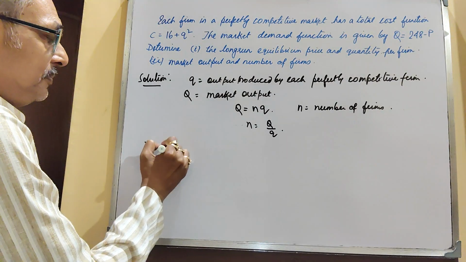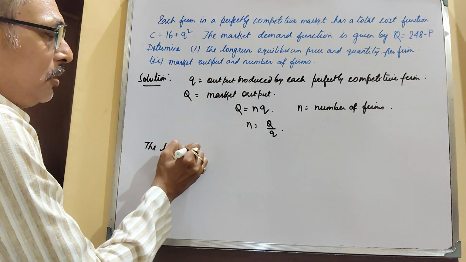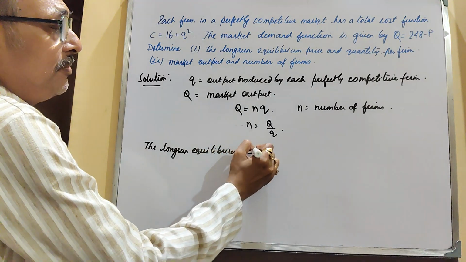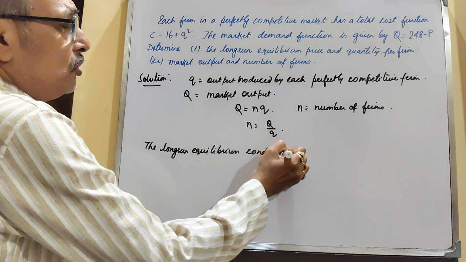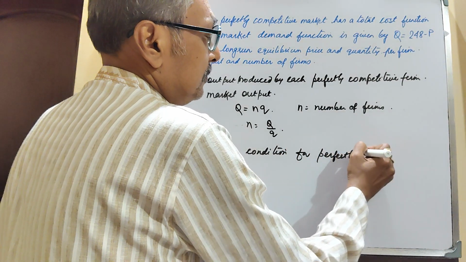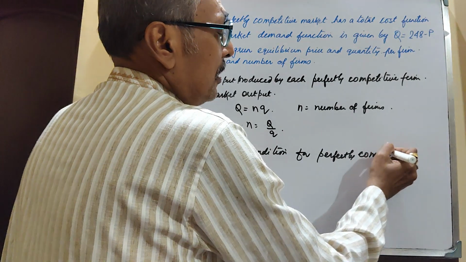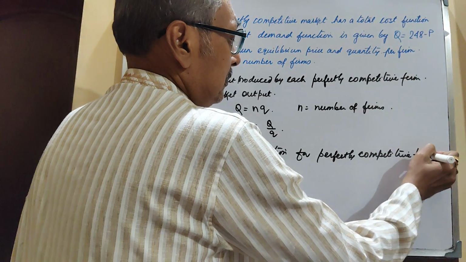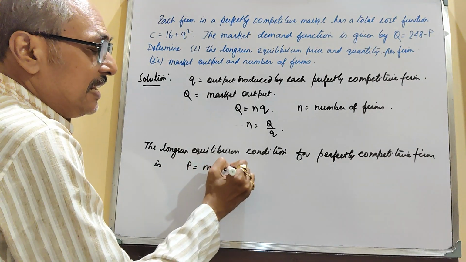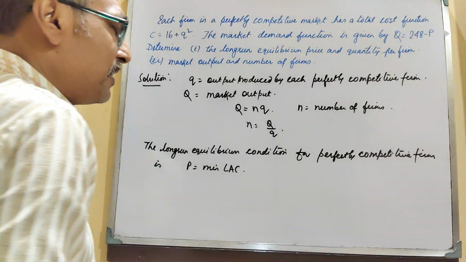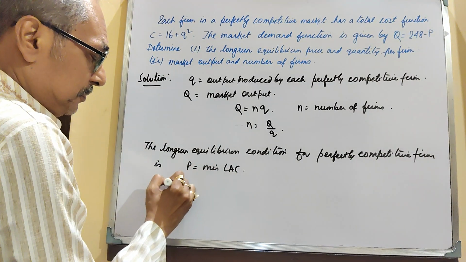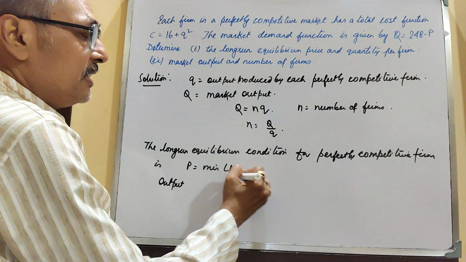The long run equilibrium condition for a perfectly competitive firm is P equals minimum LAC, and this is number one.